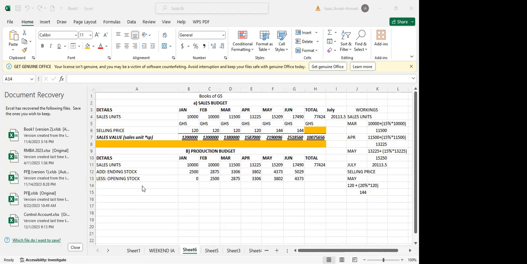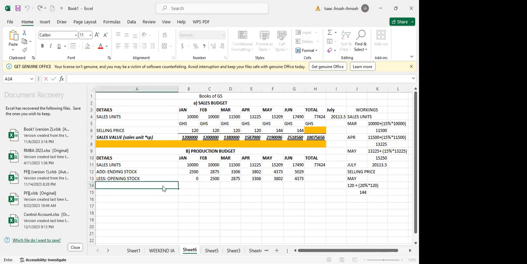All right. So now we may have to put this into test. We're going to add ending stock to sales unit and then take away opening stock.